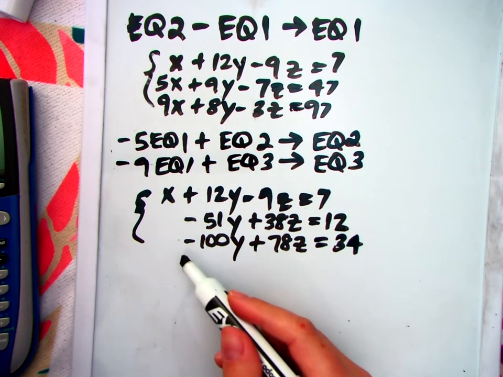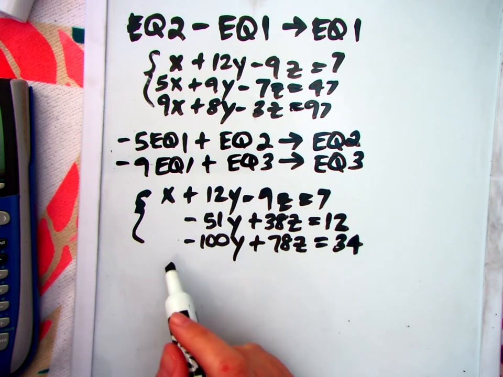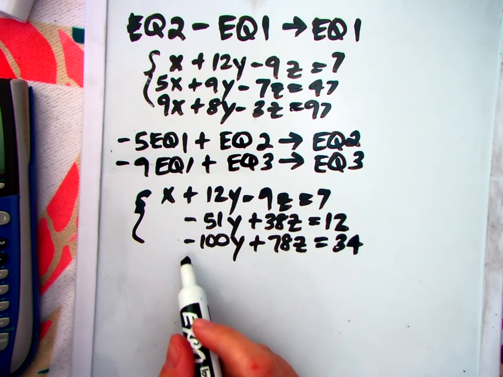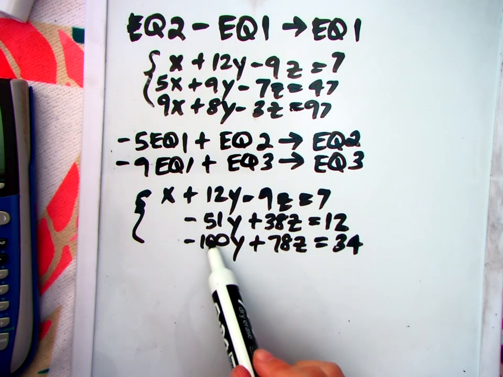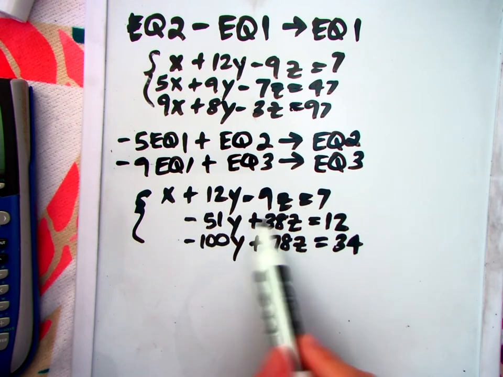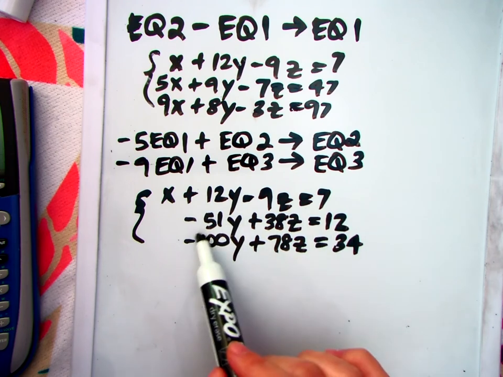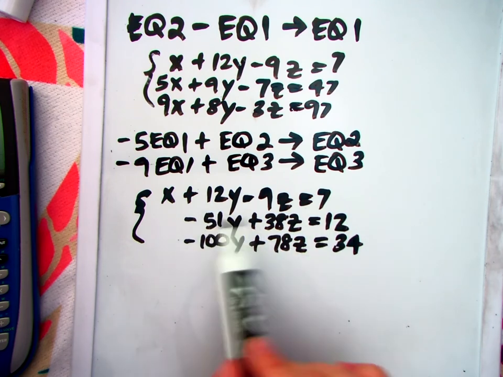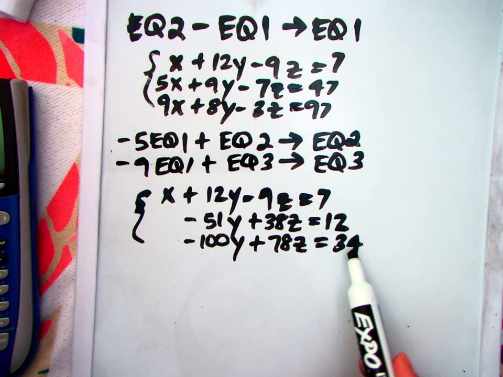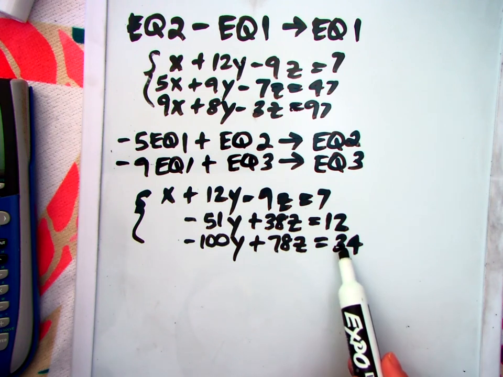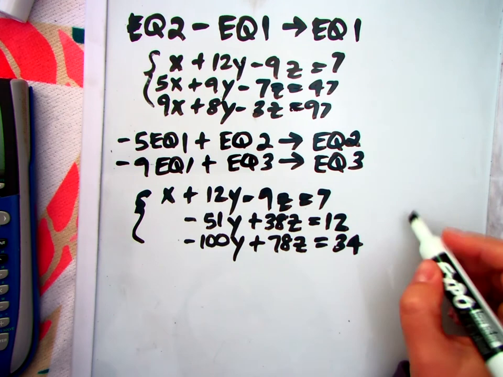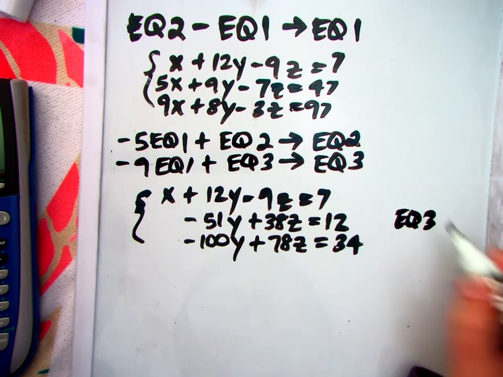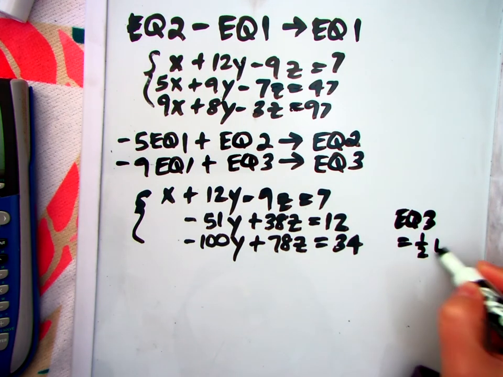All right, so this next step is kind of unconventional, but what I'm noticing is I've got some really big coefficients down here. I can't do anything to this one right now. I was checking to see if everything's divisible by 3, it's not. But everything down here is divisible by 2, so I'm just going to make my life easier and replace equation 3 with 1/2 of itself.